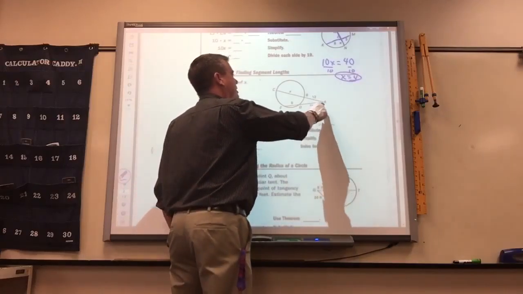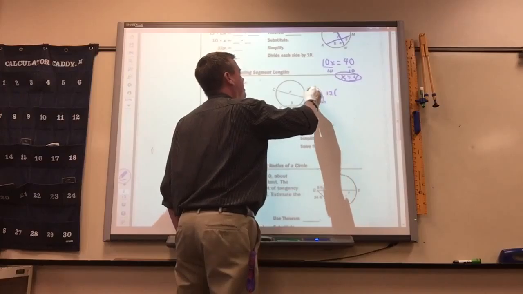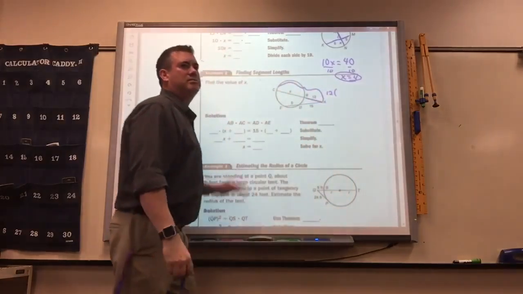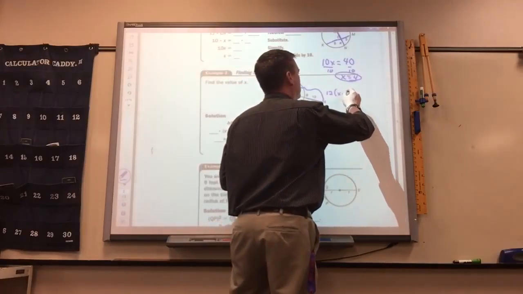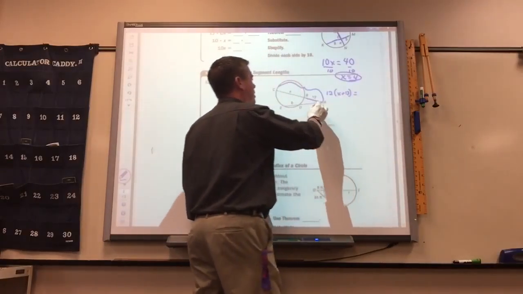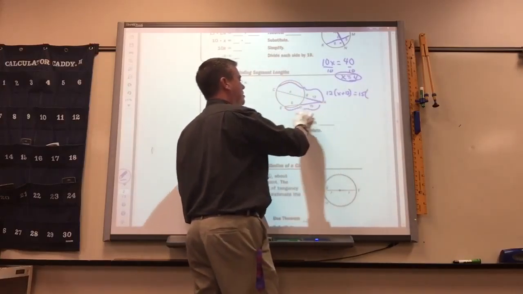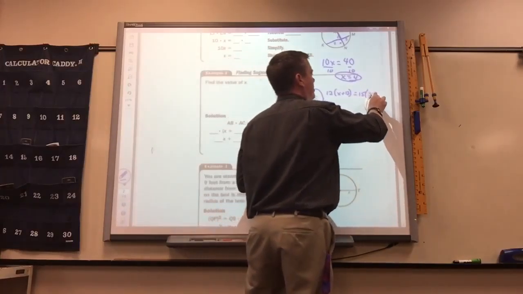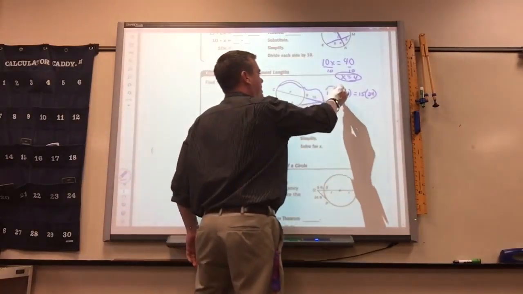You got to take the outside piece times the entire length, which is what? 12 plus x, or x plus 12, equals the outside piece times the entire length, 24. Okay? So when you solve it, you got to distribute that through.